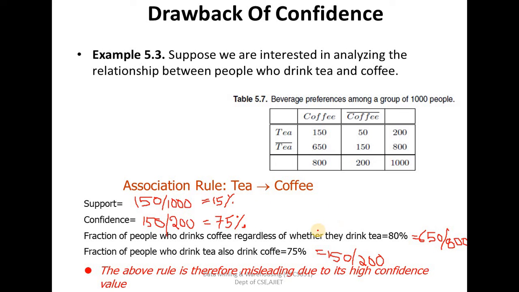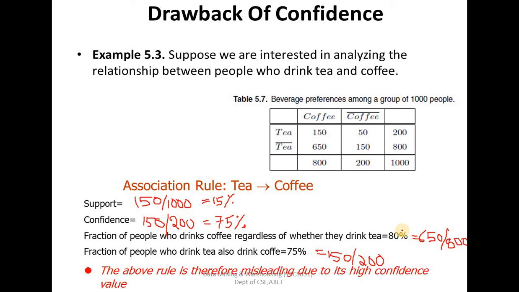The fraction of tea drinkers who also drink coffee is actually less than the overall fraction of people who drink coffee. So the fraction of people who drink both tea and coffee is 75%, which is less than the fraction of people who drink coffee, that is 80%.